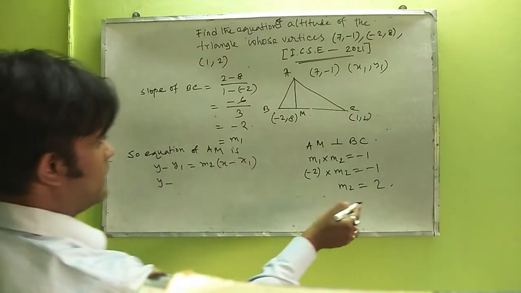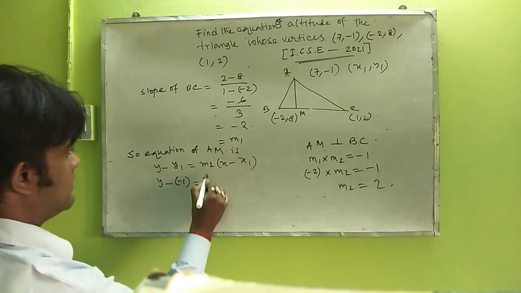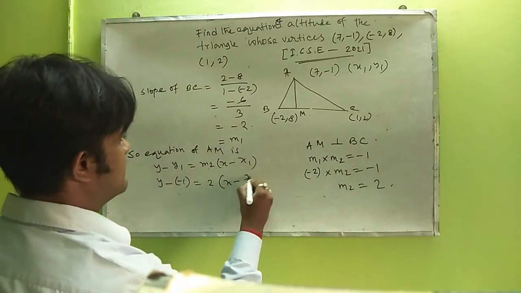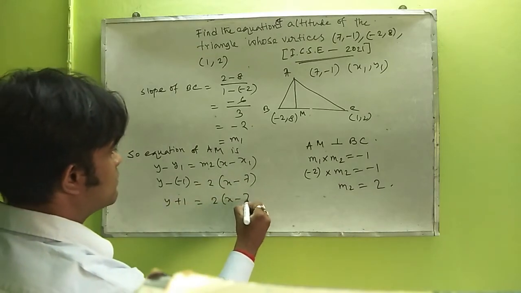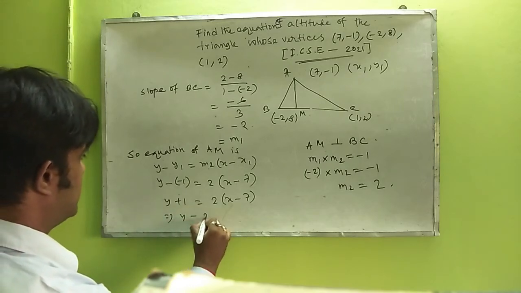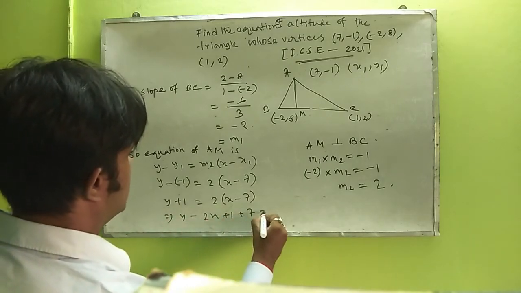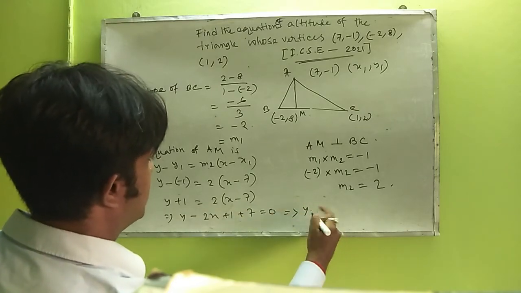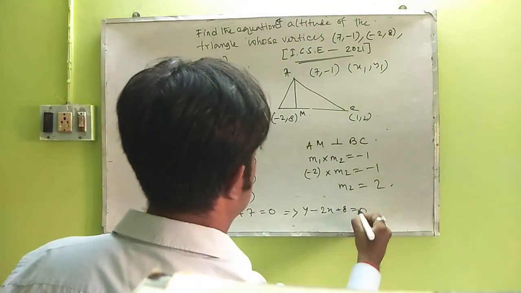So y minus minus 1, m2 is 2, x minus 7. That is y plus 1 equals 2 into x minus 7. So y minus 2x plus 1 plus 7 is equal to 0. So y minus 2x plus 8 is equal to 0.